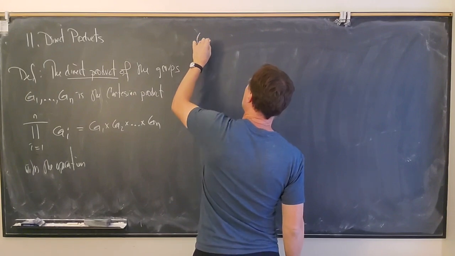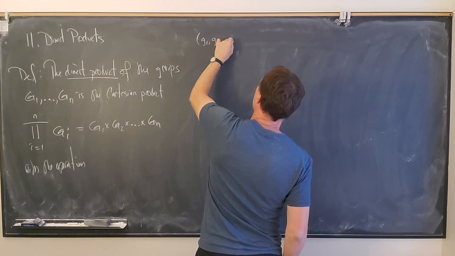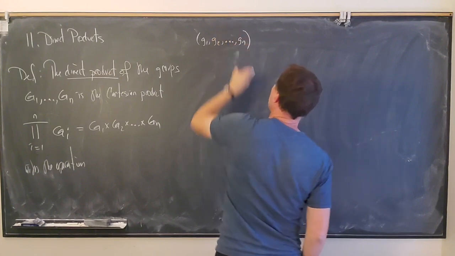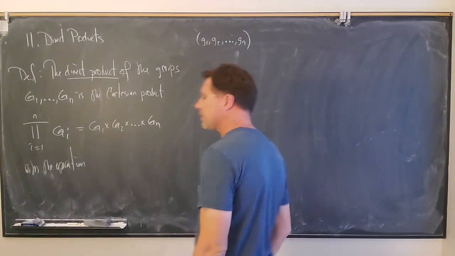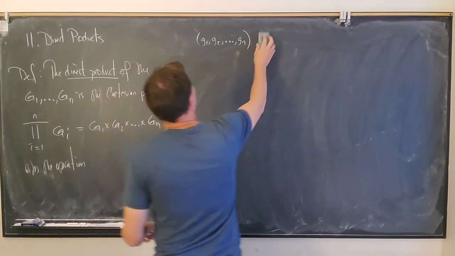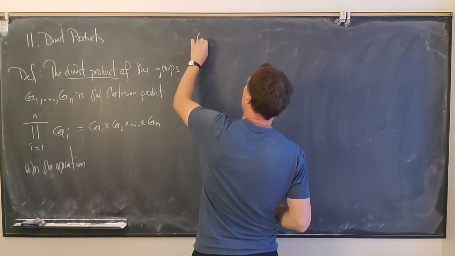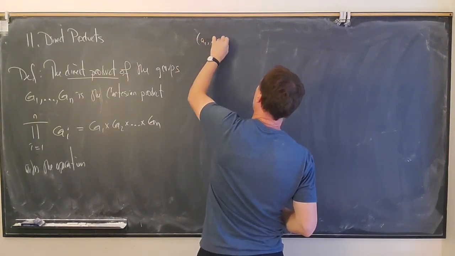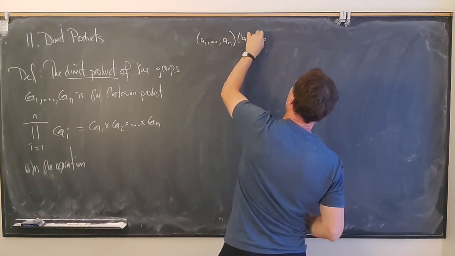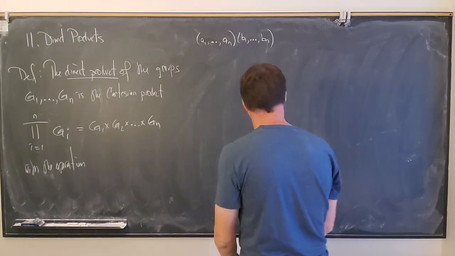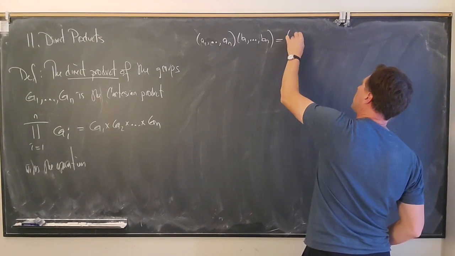So if I have (g1, g2, ..., gn) times, oh, I should have used little a's. Let me use little a's and b's here. So an element, let's call it (a1, ..., an), times (b1, ..., bn), equals, and so in the first entry we'll have a1 b1.